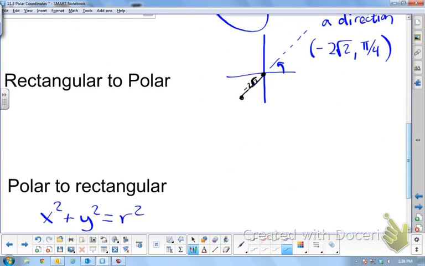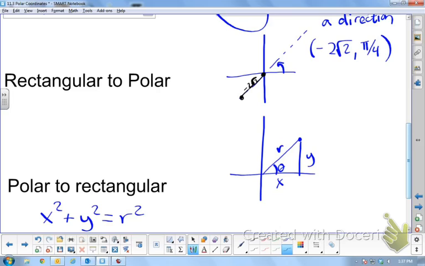And I'm just going to redraw the picture. So we know polar has an r and a theta. And we know we want x, we know we want y. So we are going to have to find these separately because I want to use r and theta to find x.